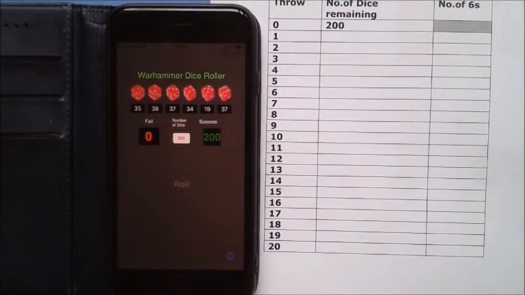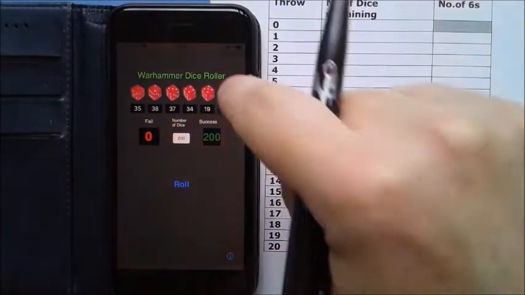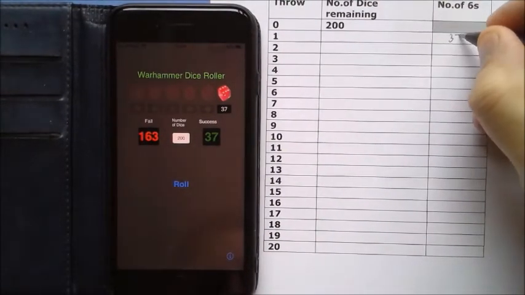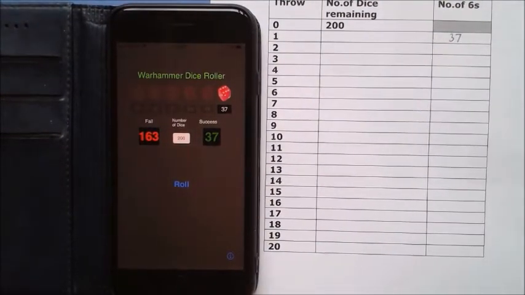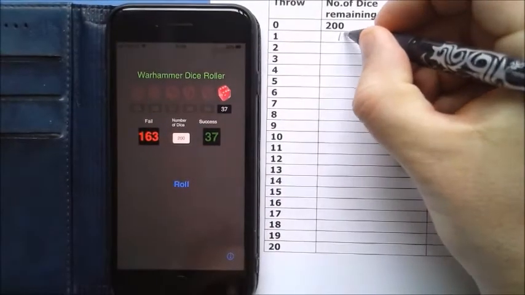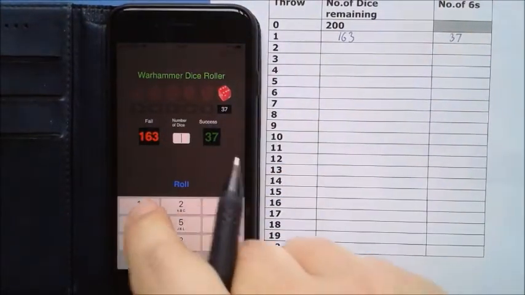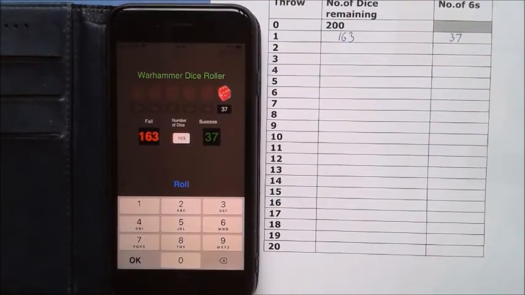So on roll 1 we have 37 sixes, and that means remaining dice is 163. So I'm now going to roll 163 dice because the other 37 are now gone. They can't decay again.